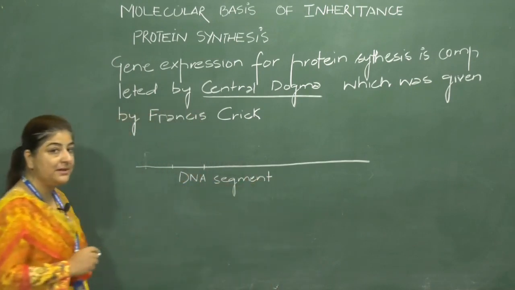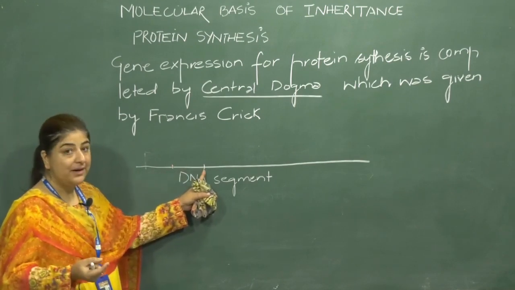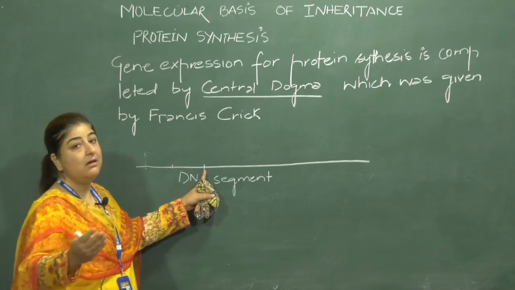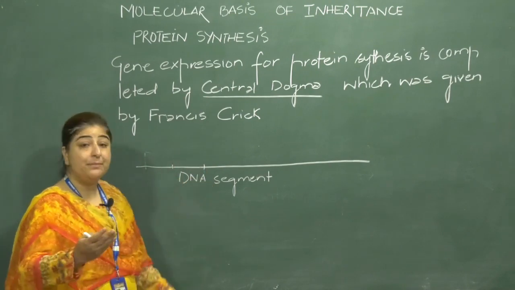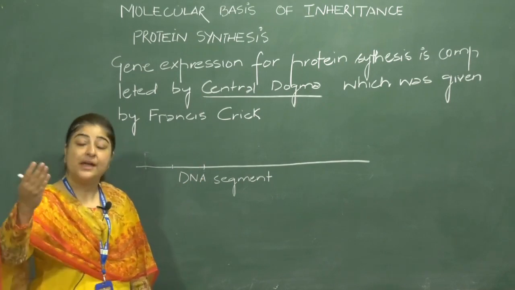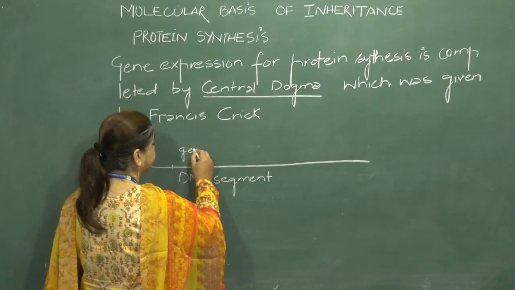This DNA segment is being transcribed into mRNA, and that mRNA makes a polypeptide. So this segment of DNA that is capable of being transcribed into mRNA is termed as gene.